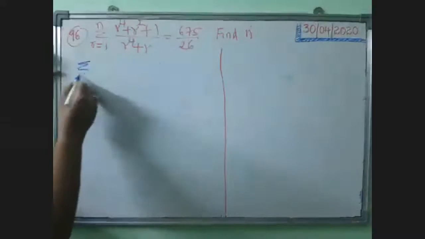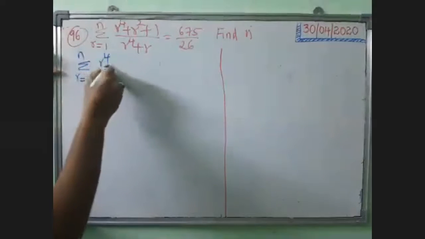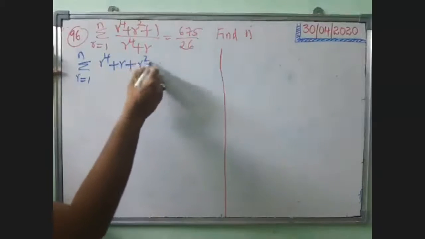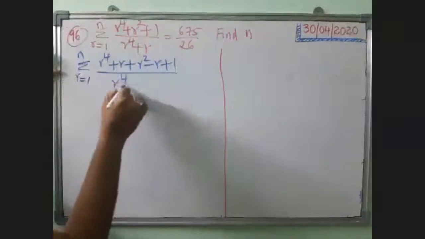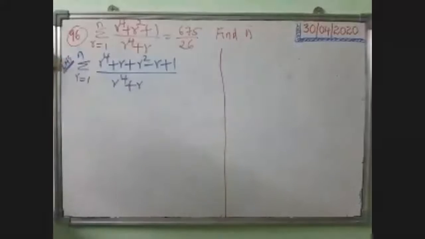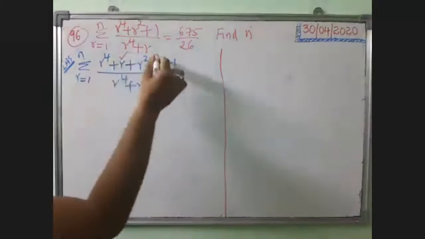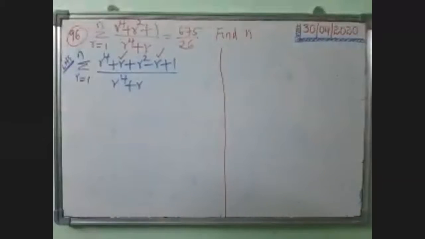To solve this, I will split it as sigma r equal to 1 to n of (r power 4 plus r square minus r plus 1) by (r power 4 plus r). I will solve the LHS. What I have done here is I have added and subtracted r, so that I can make the calculation easier.